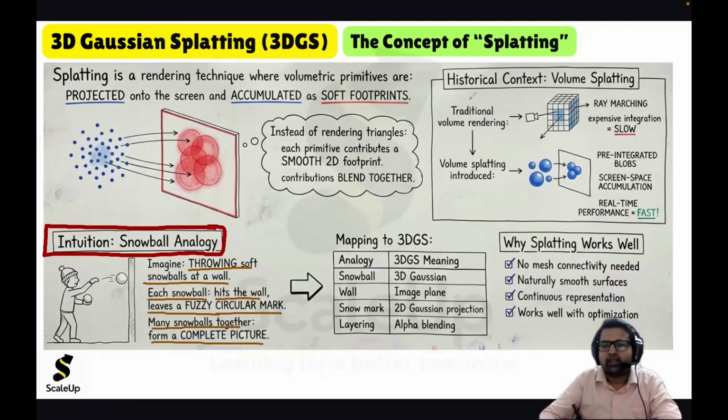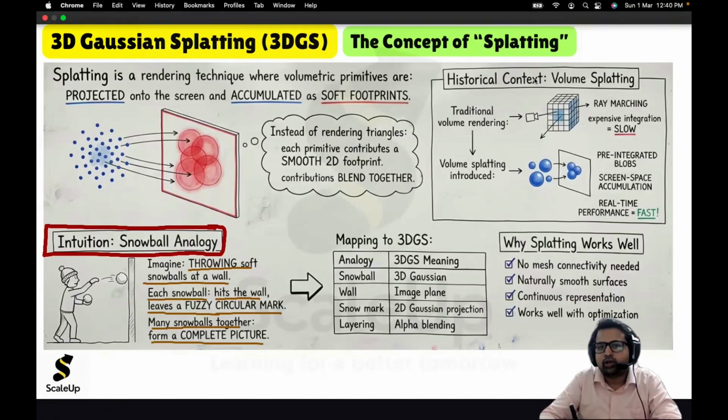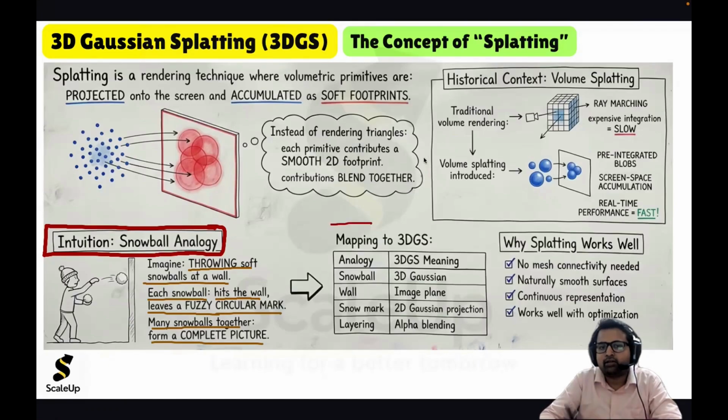And if we map this analogy to 3D Gaussian splatting, because something similar is happening there, the snowball acts like a 3D Gaussian.